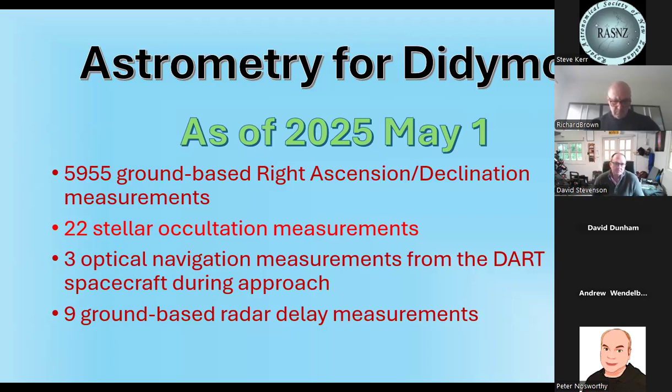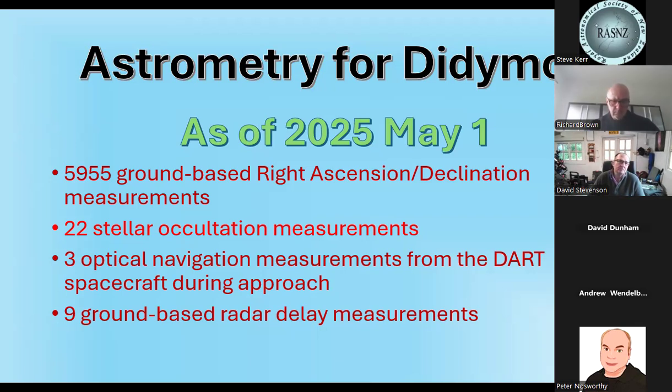We have 22 occultation measurements, 3 optical navigation measurements from the DART spacecraft as it was approaching Didymus or Dimorphos, and 9 ground-based radar measurements. So that's the database used to analyse what's happened.